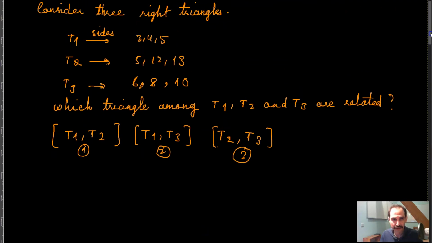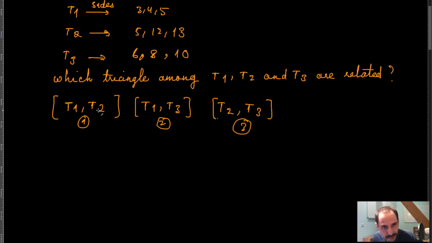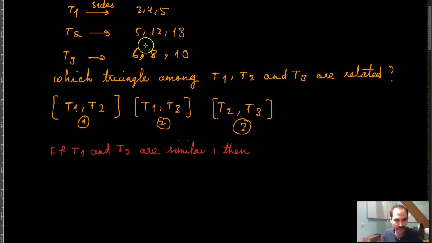So for example, in the case of T1 and T2, if T1 and T2 are similar, then this relationship has to exist between the sides, meaning that 3 to 5 is equal to 4 to 12 is equal to 5 to 13 has to be true. Must be true.